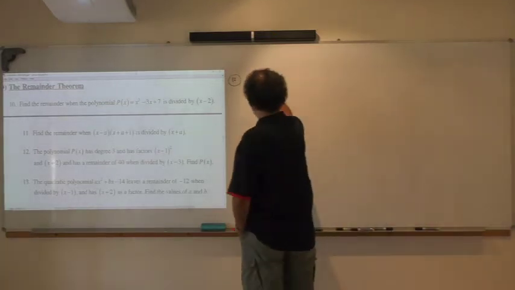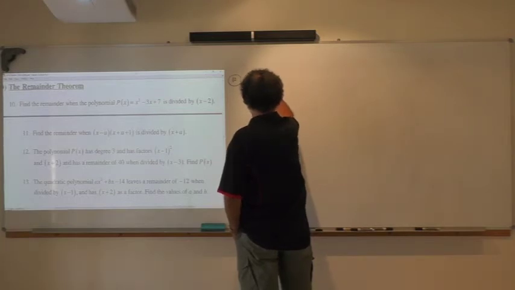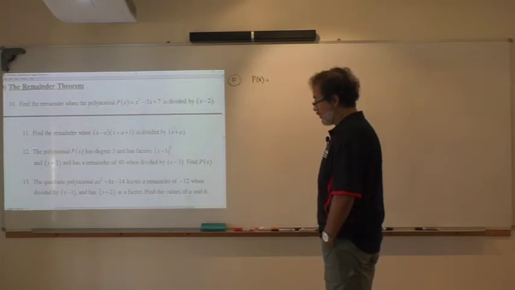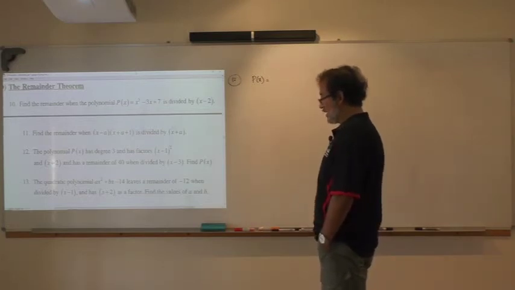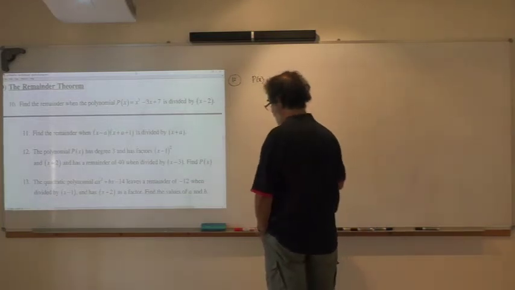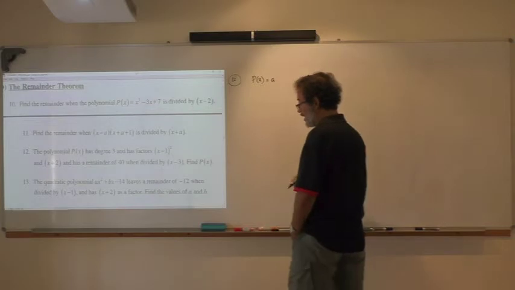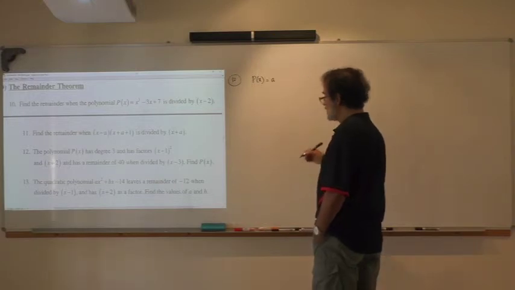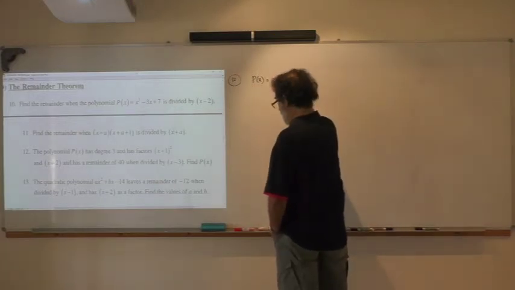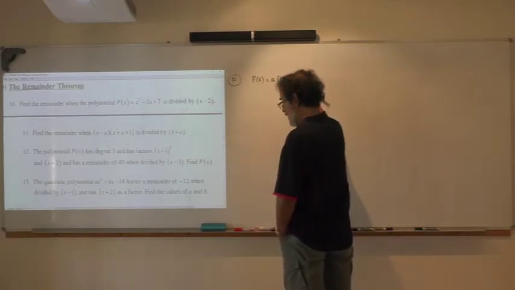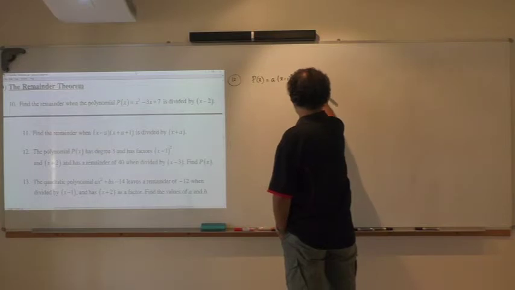Alright, so what we know is this. This polynomial is a cubic polynomial, and we don't know whether it is monic or non-monic, so that's why we're going to put a at the front. And we know that (x minus 1) squared and x plus 2 are the factors, so this polynomial looks like a times (x minus 1) squared times (x plus 2).